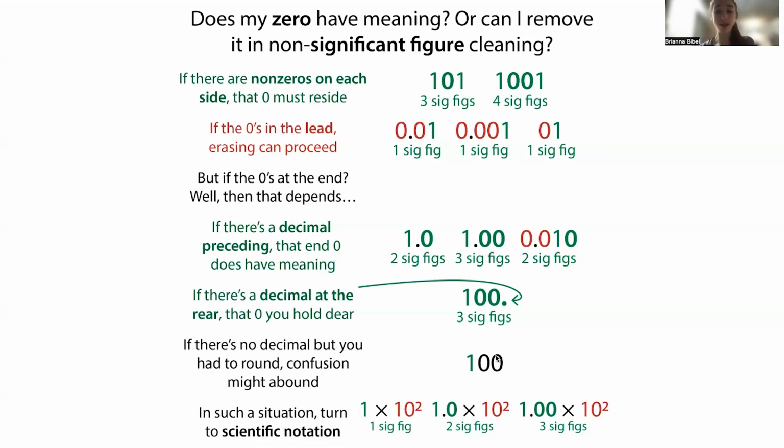Now, if I were to write 100 with a decimal point, then that would have 3 significant figures. If I wanted to actually convey 2 significant figures, what I could do is write 1.0 times 10 to the second. And so using scientific notation can help you avoid that ambiguity.